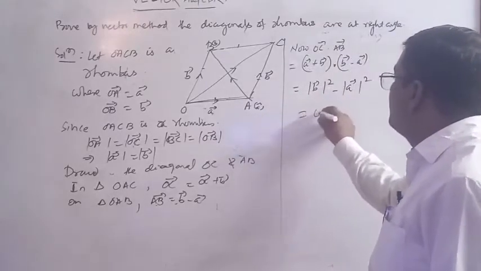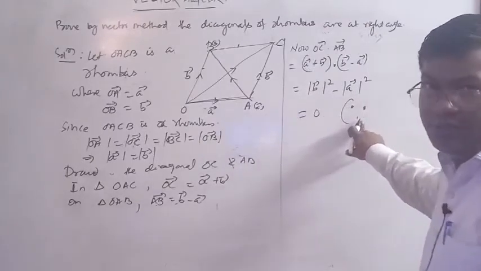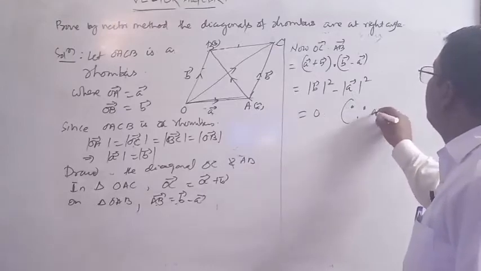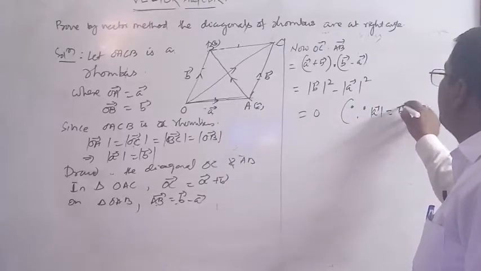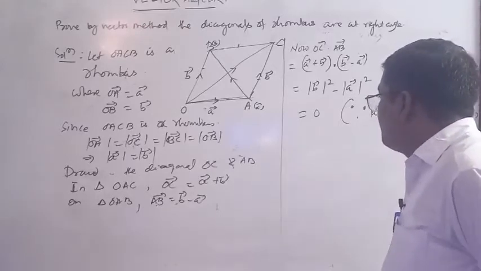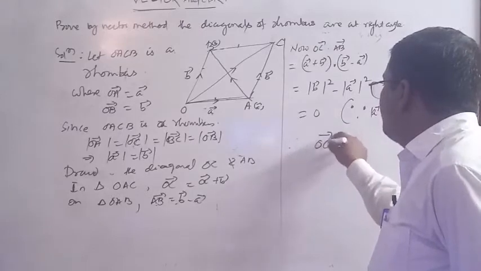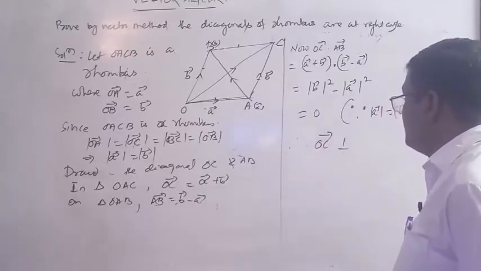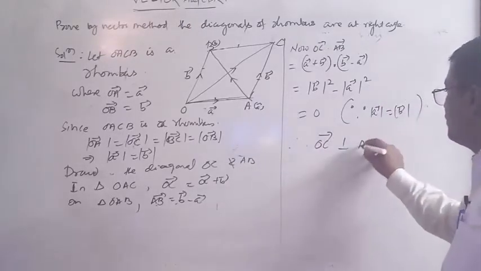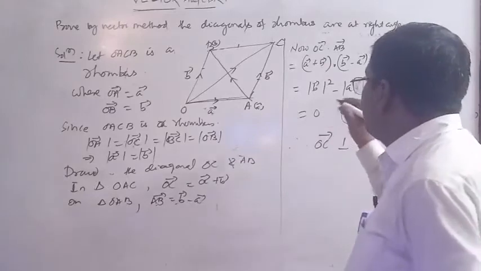So this is equal to 0, since magnitude of A is equal to magnitude of B. Therefore OC is perpendicular to AB.